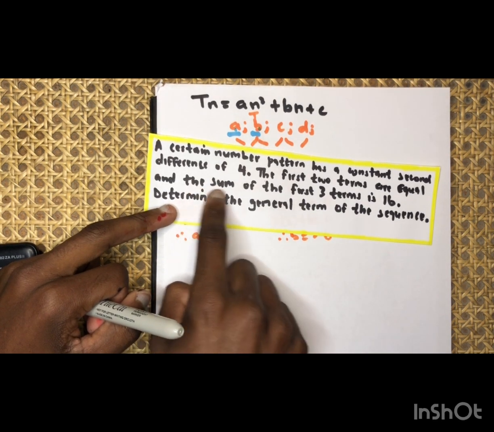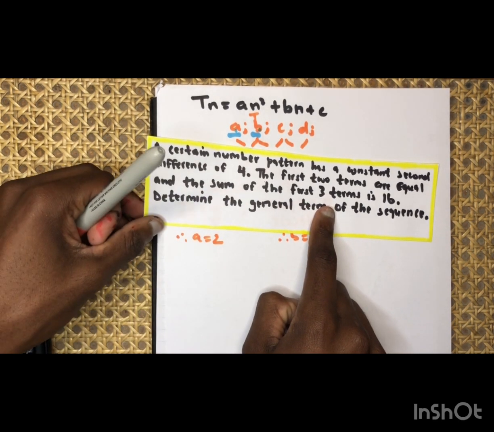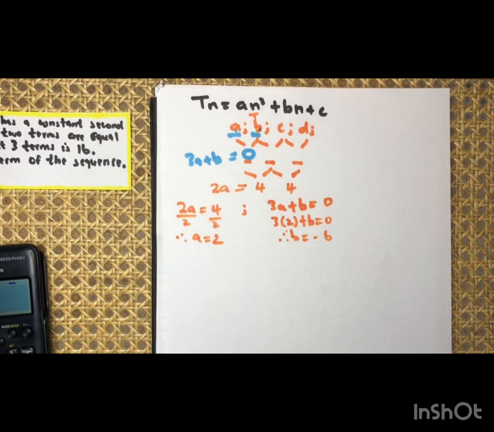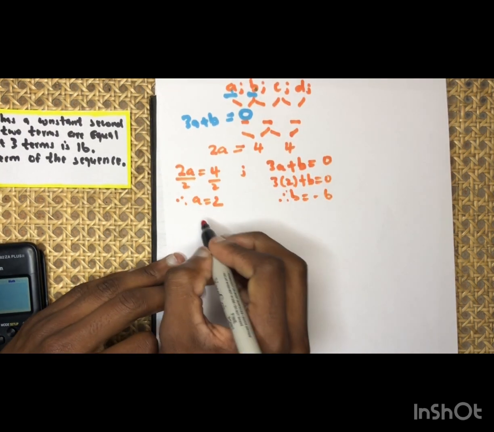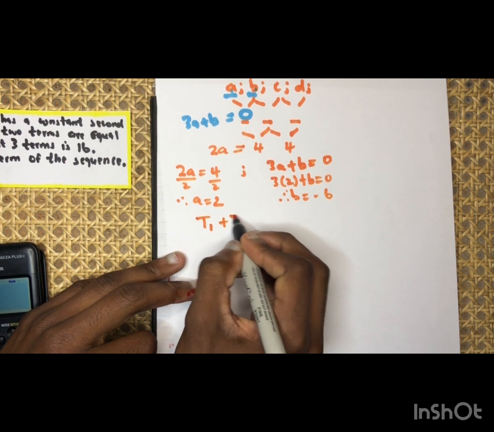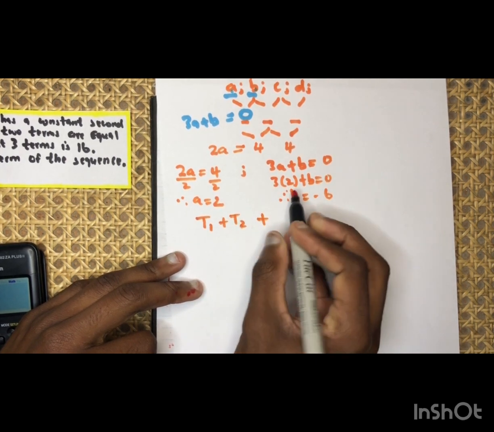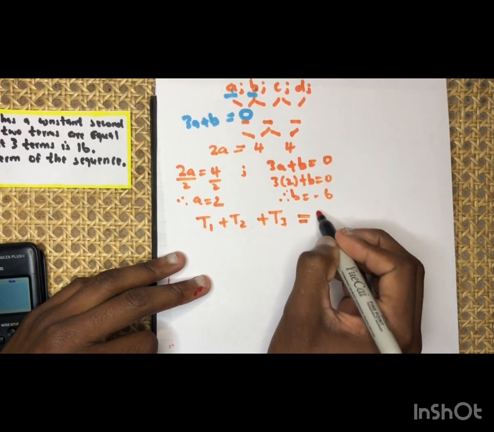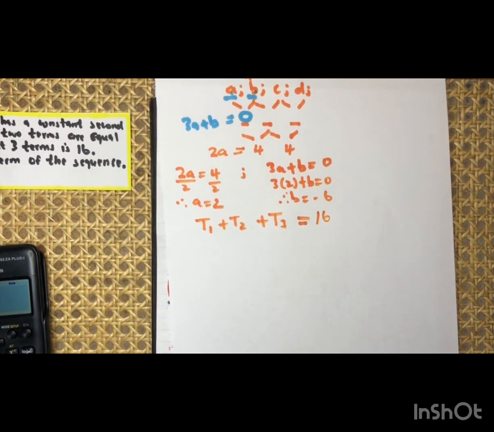So we know that the sum of the first three terms is equal to 16. So I'm going to say T1 plus T2 plus T3 must give me 16. Right. Now it is easy guys, it is easy.